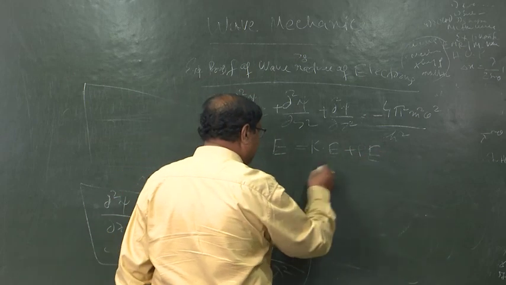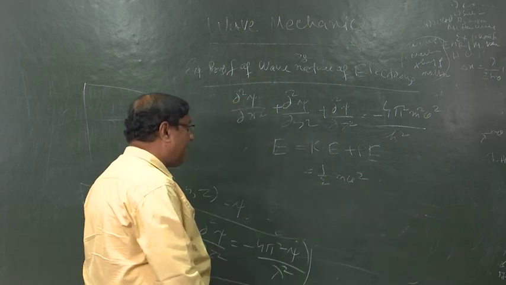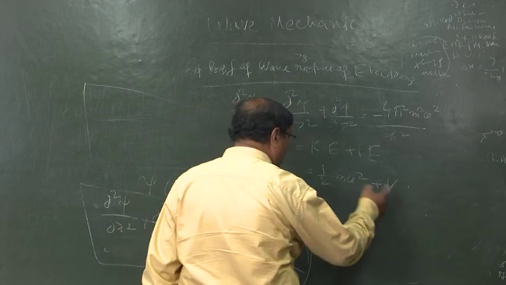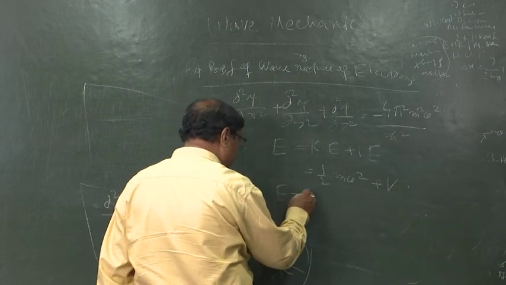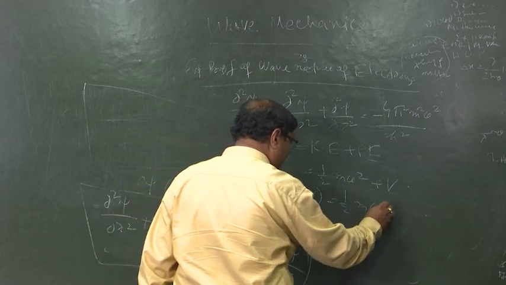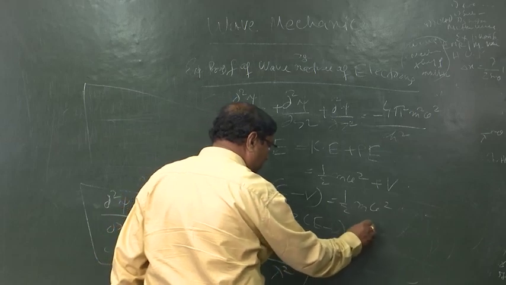Kinetic energy is equal to half mv square, and potential energy is equal to V. So bring V here: E minus V is equal to half mv square, or 2(E minus V) is equal to mv square.